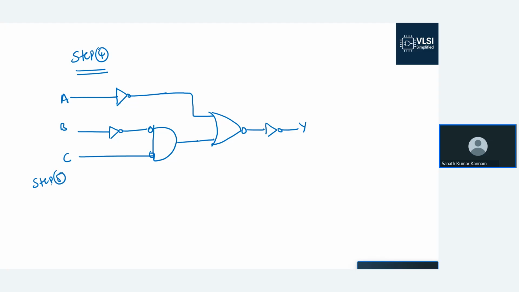Step 5. You need to implement with only NOR gates. Here this is one NOR gate, and this is one NOR gate.